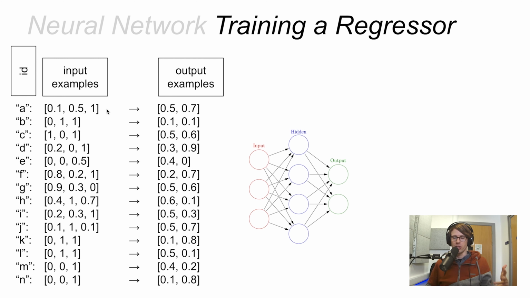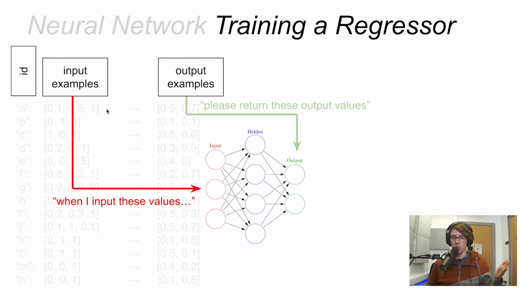What we're going to do with all these examples is take them one by one and feed them into the neural network. We're going to send the input example into the input of the neural network, and at the same time we're going to tell it, when I show you these input values, I would like for you to return these output values.